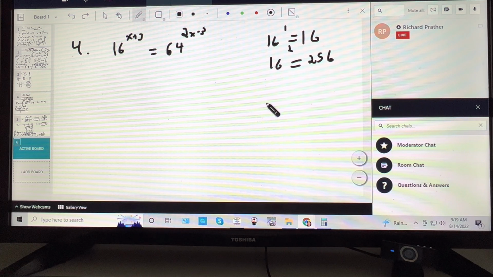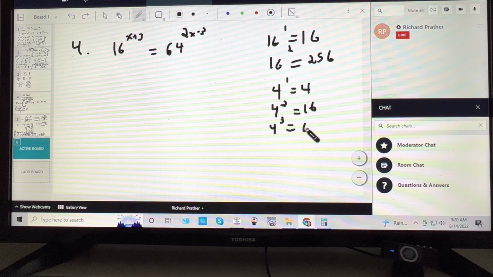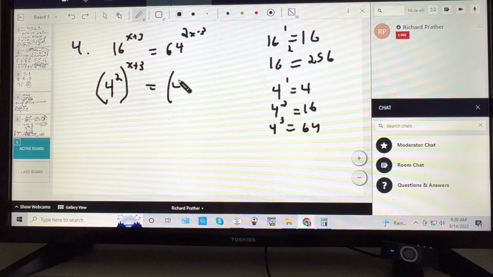Maybe I can make them both go to a smaller base, like say 4, because 4 to the first is 4, 4 squared is 16, and 4 cubed is 64. They can both become base 4. So in place of the 16, you put 4 squared, and the other exponent's still there. And in place of the 64, 4 cubed, other exponent's still there.